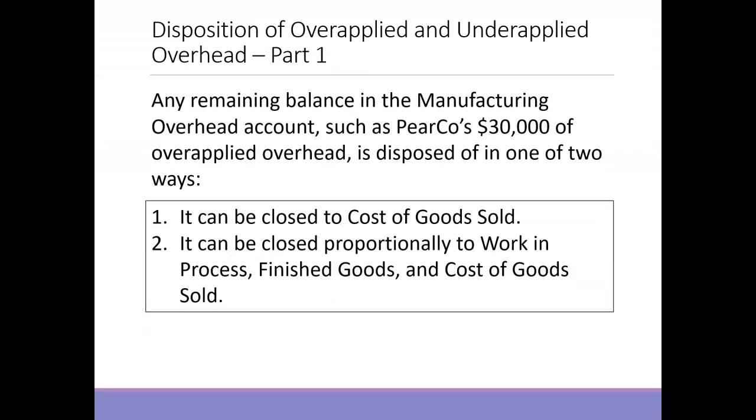Any remaining balance in the manufacturing overhead account, such as Pearco's 30,000 of overapplied overhead, gets disposed of by either closing it to cost of goods sold, or we can proportionally assign it to the various accounts. It can proportionally go into work in process, finished goods, and cost of goods sold.